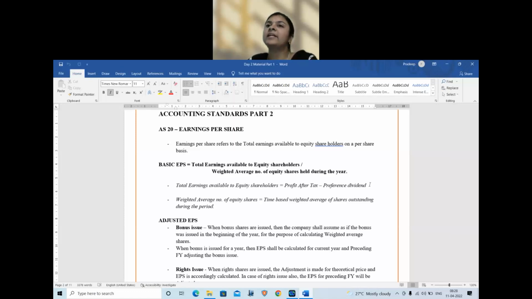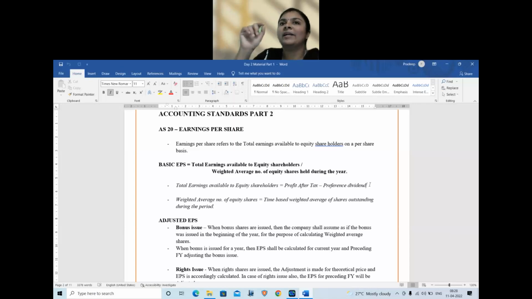Now, for the weighted number of equity shares, we need to take the weighted average based on the months or period for which the shares were outstanding during the year. Suppose totally there were 1 lakh shares and further 50,000 shares were issued in the month of, say, October.